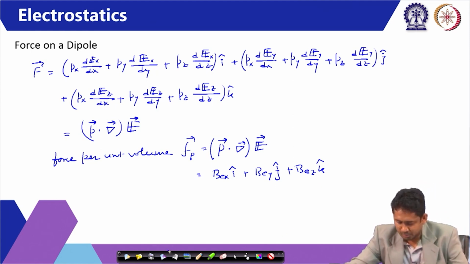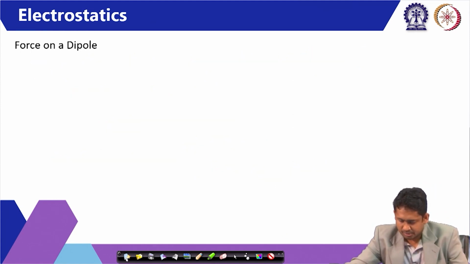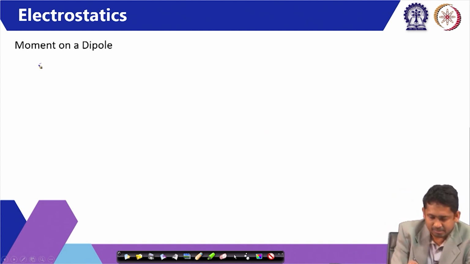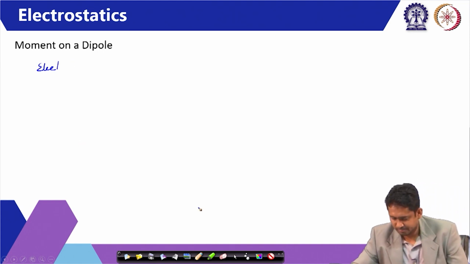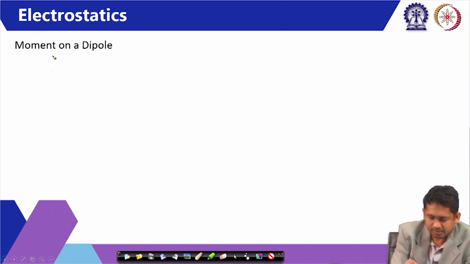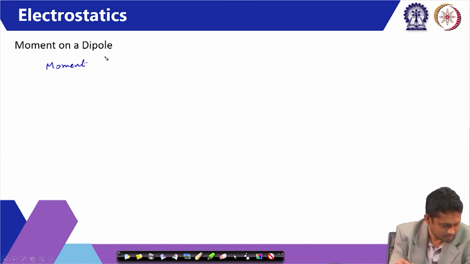So, now we will go to moment on a dipole. For this, we are not going to derive the expression by using similar techniques. We can find out the moment experienced by a dipole as, so we will directly write it for moment per unit volume.